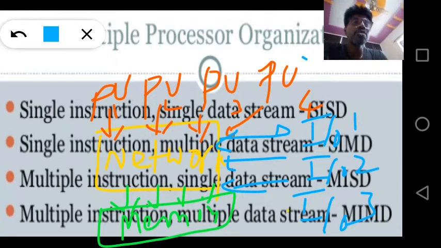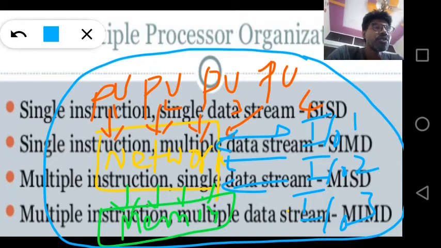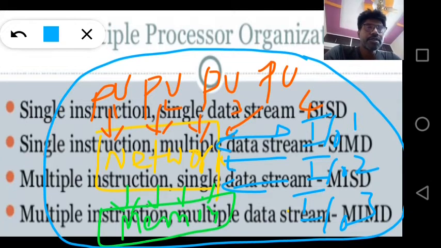So this is how a standalone computer with multiple processing units can be organized.